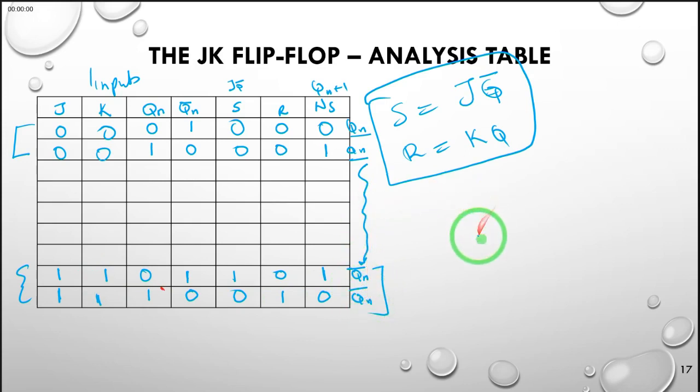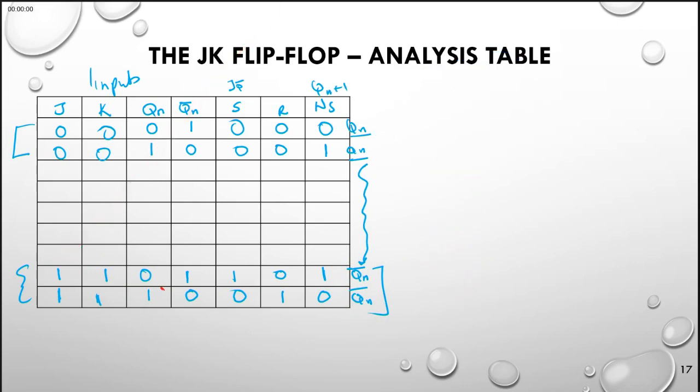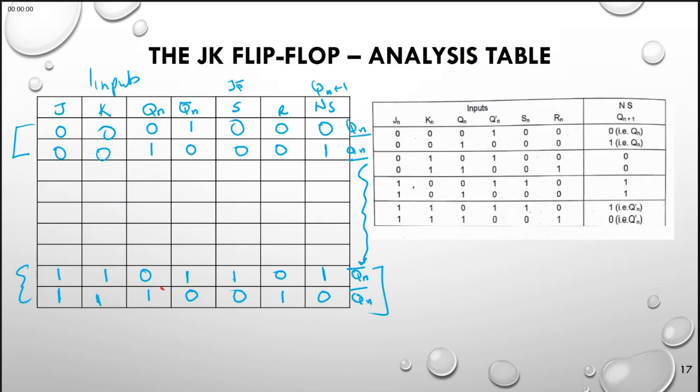For that reason, we can develop the characteristic table of the JK flip-flop. But before that, we see the fully developed analysis table of our JK flip-flop, the one that we didn't finish. You can also do it yourself; it has been done here.